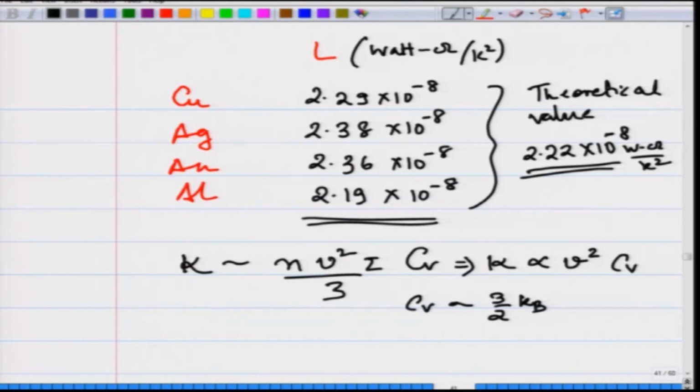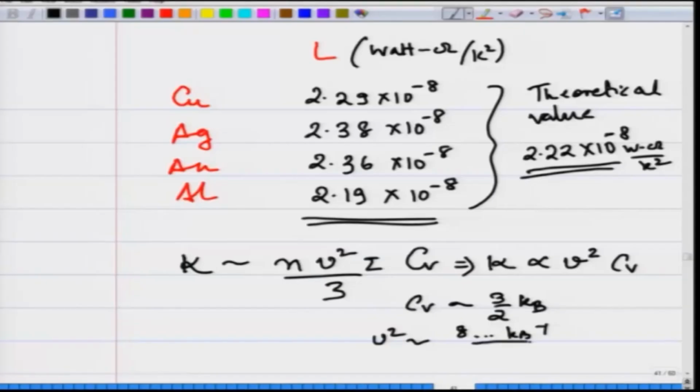So, this was assumed to be the specific heat of the electron, and using the kinetic theory of gases, with Maxwell's distribution, we obtained a mean square velocity which involved 8 kB T divided by pi m and so on.